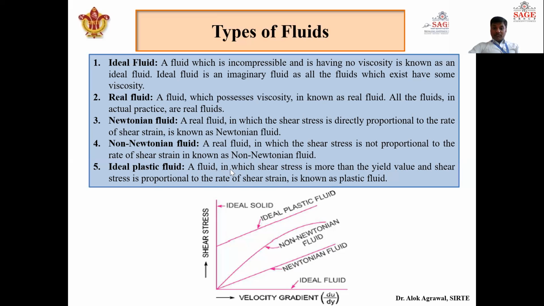Ideal plastic fluid is a fluid in which shear stress is more than yield value and the shear stress is proportional to the rate of shear strain. Here see, the shear stress is proportional to the shear strain, but also the shear stress is more than the yield value, and this is known as plastic fluid.